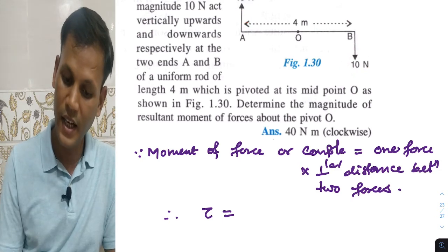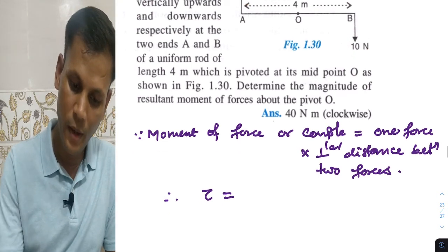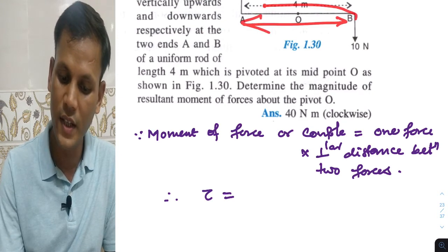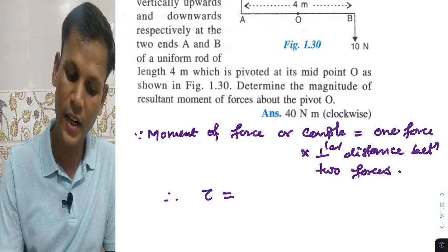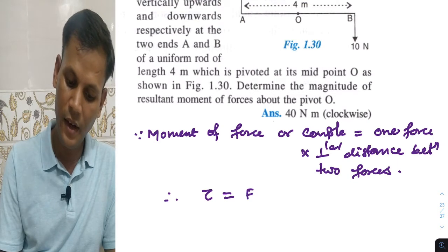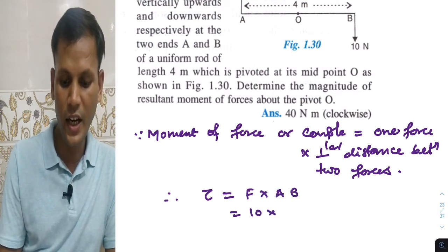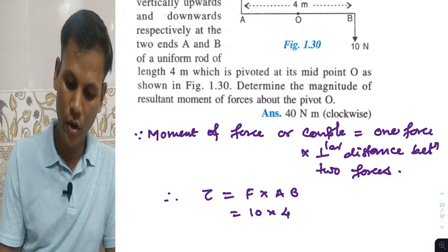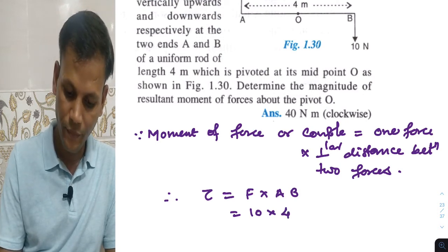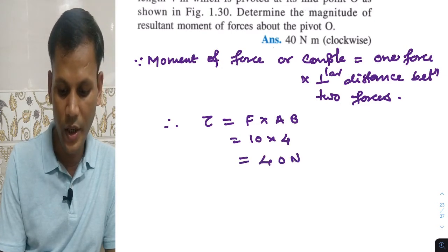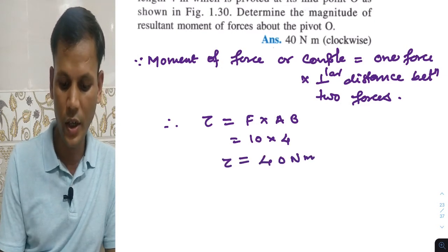So it is 10 Newton, and the perpendicular distance between these two forces is AB. So we can write F into AB, where F is 10 Newton and AB is 4 meter. So of course it will be 40 Newton meter. This is the torque.